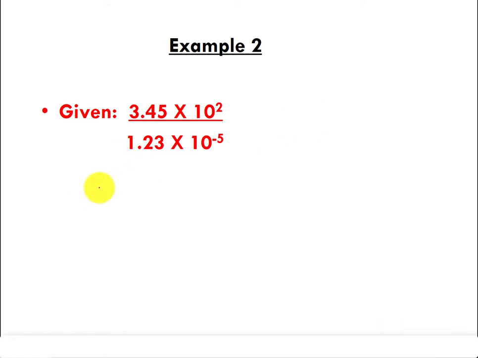2.805. And then for this, we subtract exponents, 2 minus negative 5. So 2 minus negative 5, that's just equal to 7.